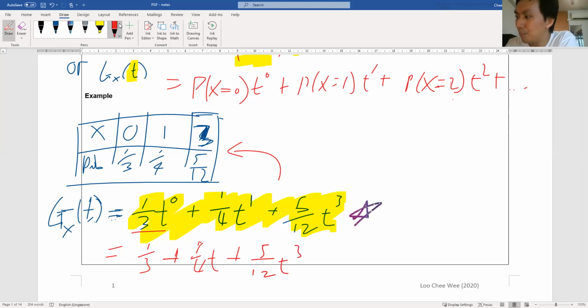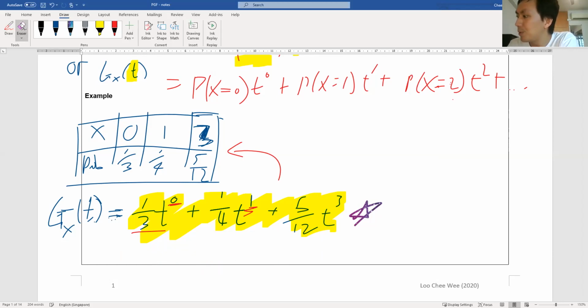Because I can see the numbers 0 and 1 respectively. When you see 1/3, it doesn't really trigger the thought of 1/3 T to the power of 0. Same goes for 1/4 T. You may get too distracted to see that there's actually a 0 and 1 here respectively. So my personal preference is to keep it in the blue form.